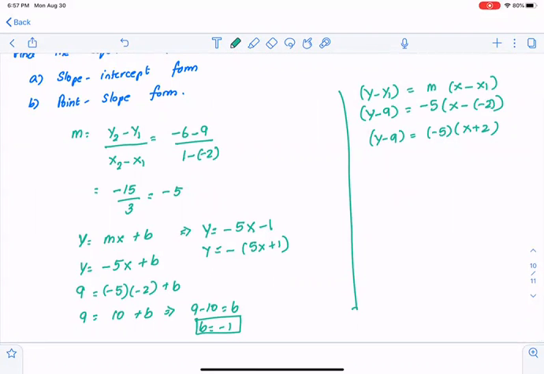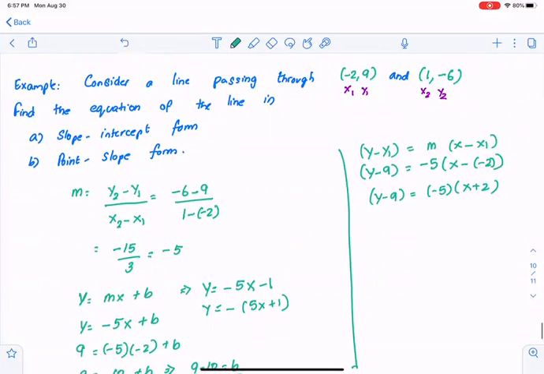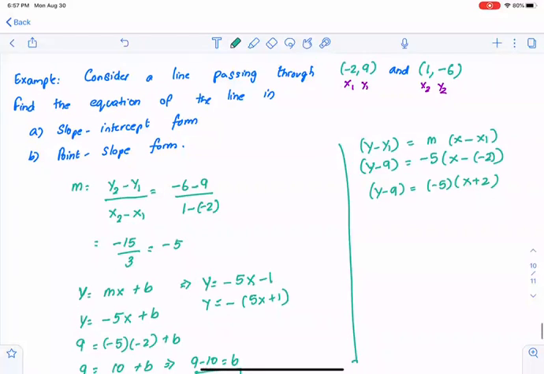Now that's how I caught my mistake. So I went up and I plugged in -2 for x. I did not get 9. I got 38 in my head when I calculated, which implies I made a mistake. And that's how I caught my mistake. So that is an acceptable point-slope form.